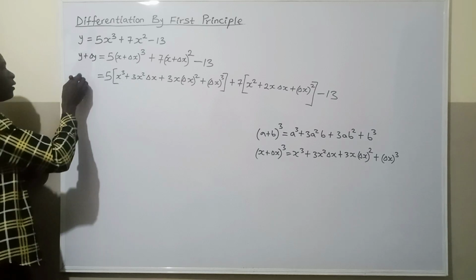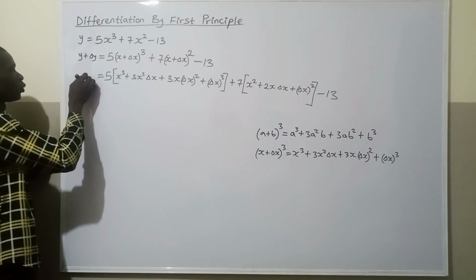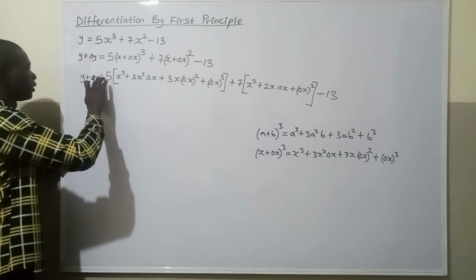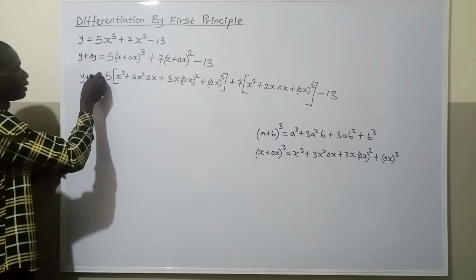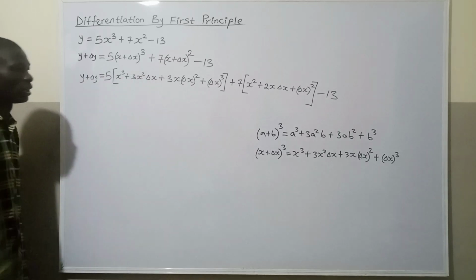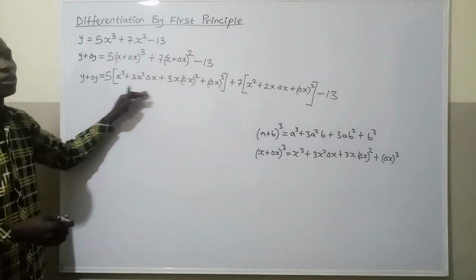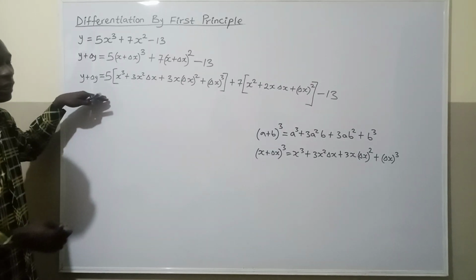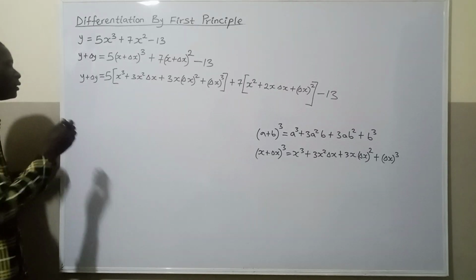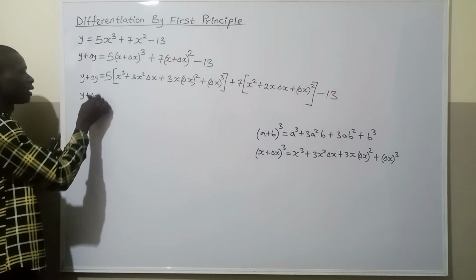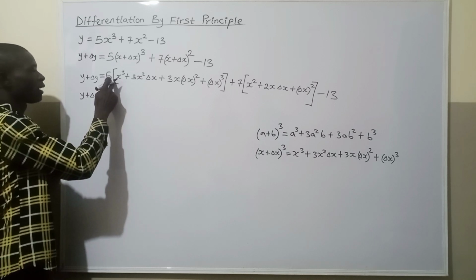Alright, and we should not forget that this is the same thing as y plus delta y, because it is y plus delta y that we expanded that gave us this expression after the equal sign. So the next thing to do now is to open the bracket. Then when we open the bracket, we'll see what we can do next. So that tells us that y plus delta y will be equal to 5 multiplied by x cubed.